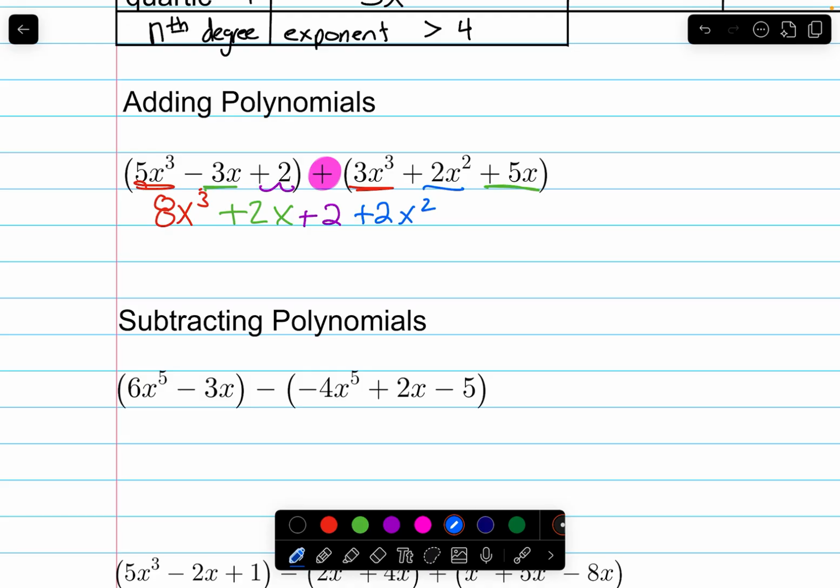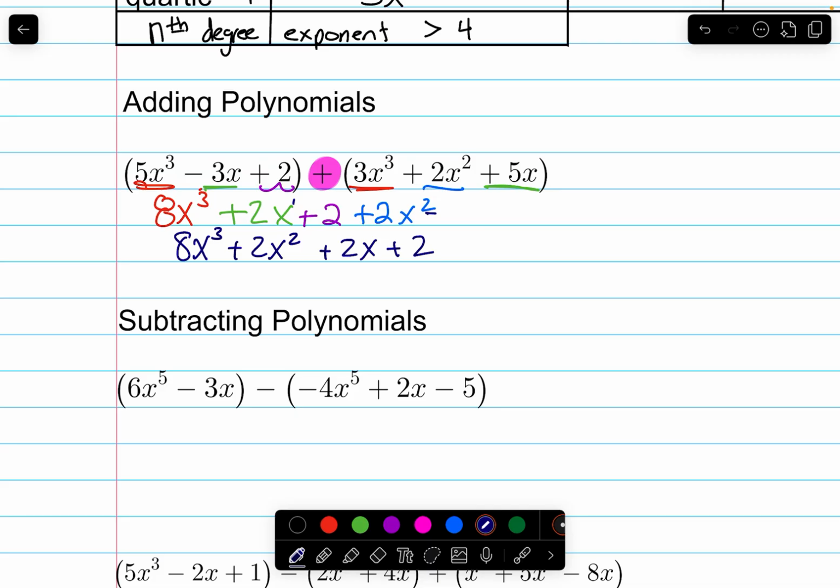We like things to be in standard form, in proper order, and that means we count down from the highest exponent all the way down to our constant if we have one. So we need to change this into standard form by starting with the highest exponent, which is the 3, so 8x cubed, then the next exponent, the squared, plus 2x squared. The linear part, plus 2x, and then our constant, which is the 2. Now it's in standard form.